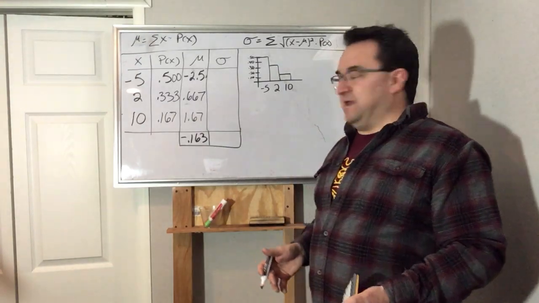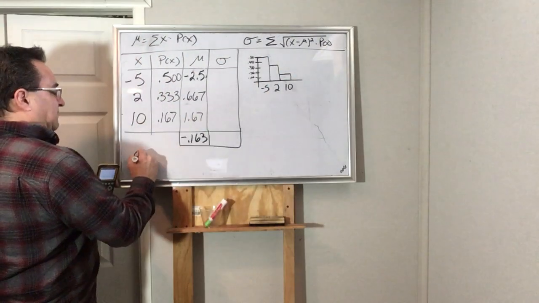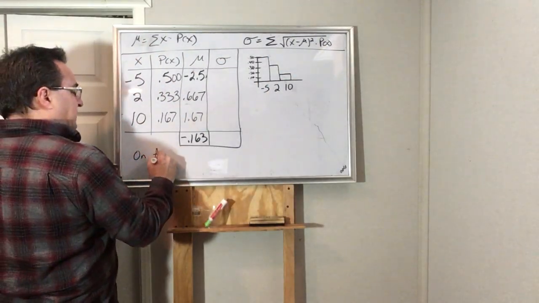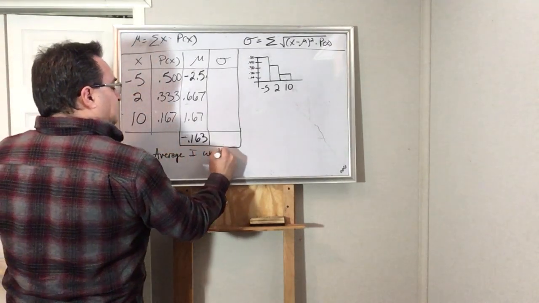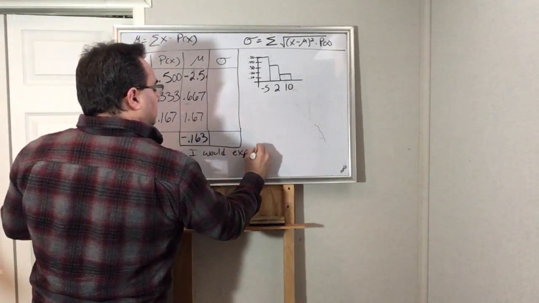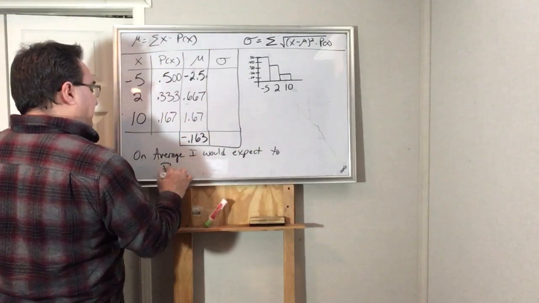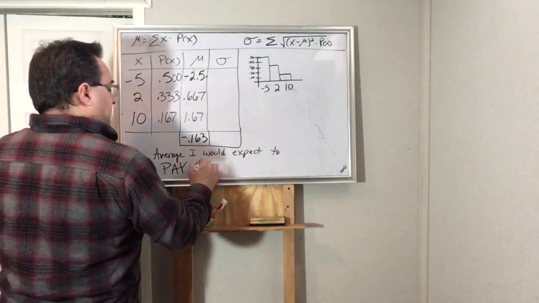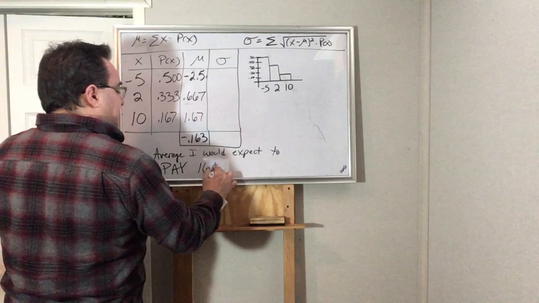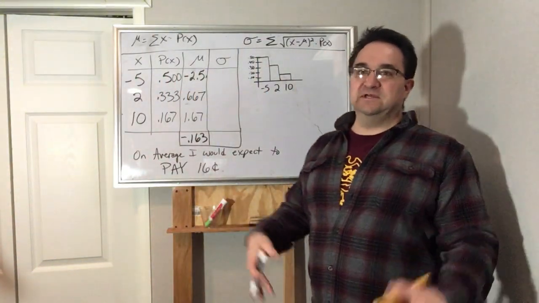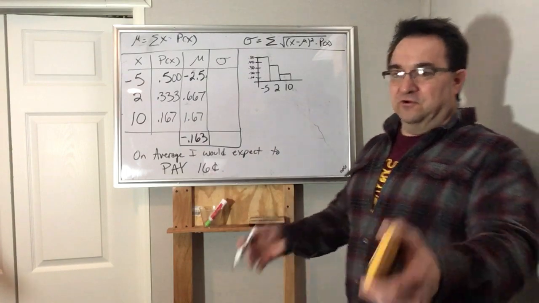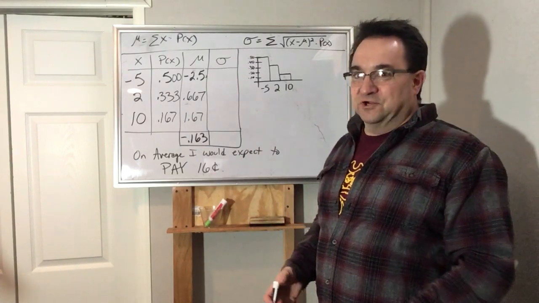That is called the expected value because what that tells me, the way I would interpret this is, on average, I would expect to pay 16 cents. Right? So this is a losing game. And by the way, if you go to a casino, all games are losing games.